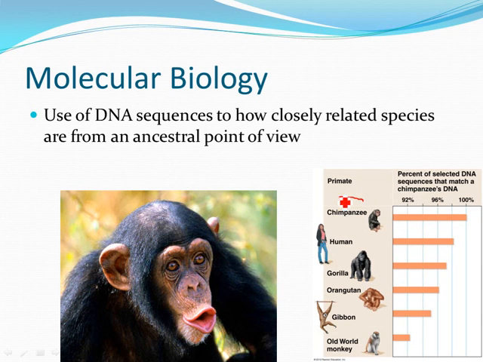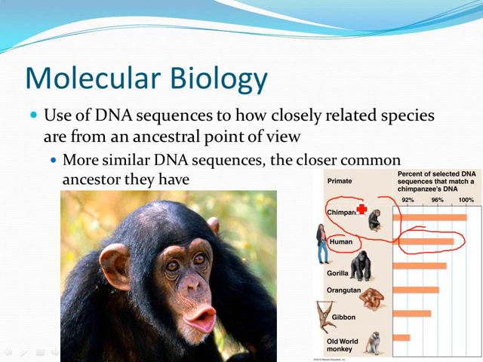If we're looking at the DNA of a chimpanzee, you'll notice that humans share very similar DNA sequences with the chimpanzee, even more so than a gorilla, per se. So those that have more similar DNA sequences with each other are more closely related or have a more recent common ancestor that they share.